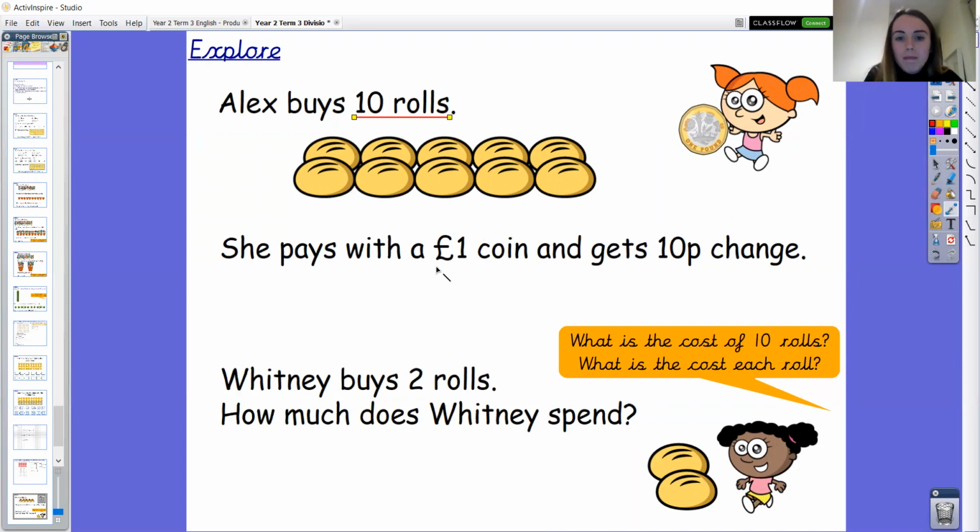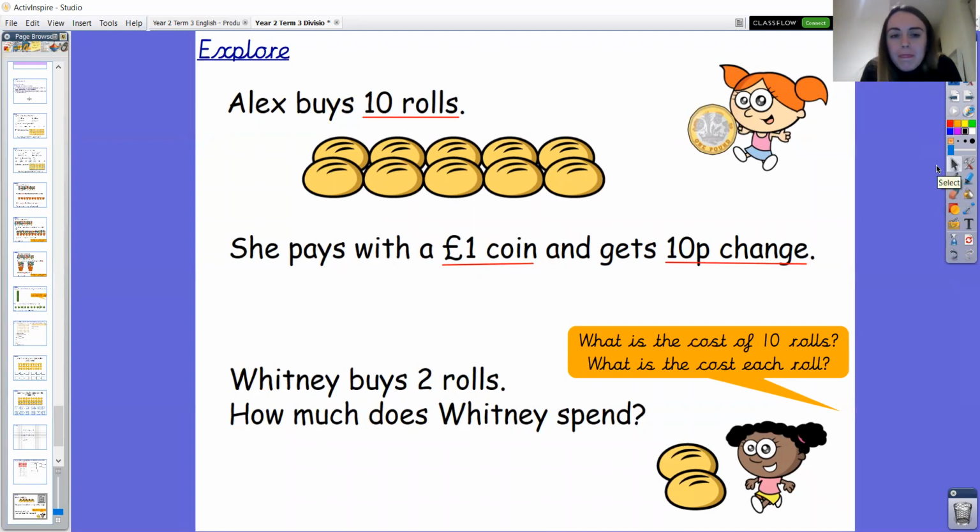She pays with a £1 coin, and we can see Alex with her £1 coin, which is gold and silver here. And she gets 10p change. So that must mean that the cost of 10 rolls is 10 less than £1.